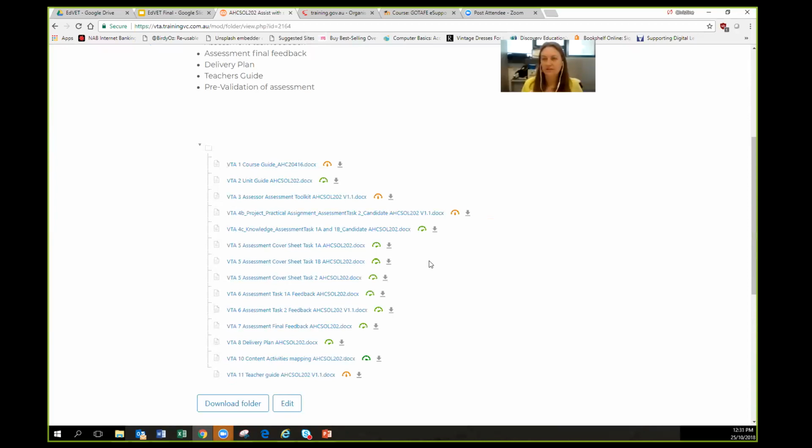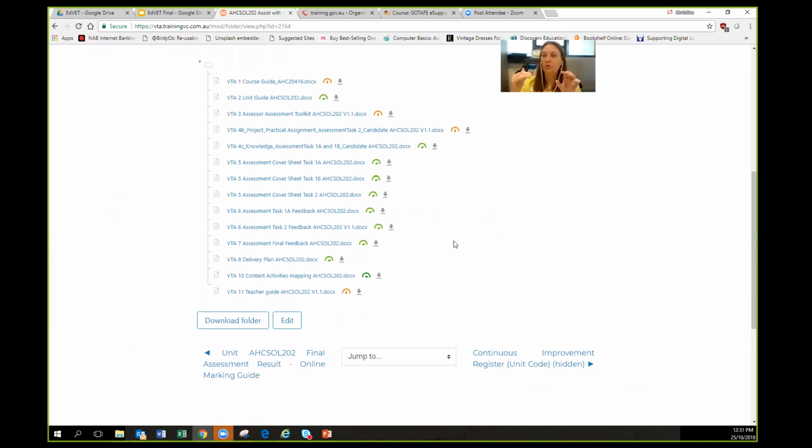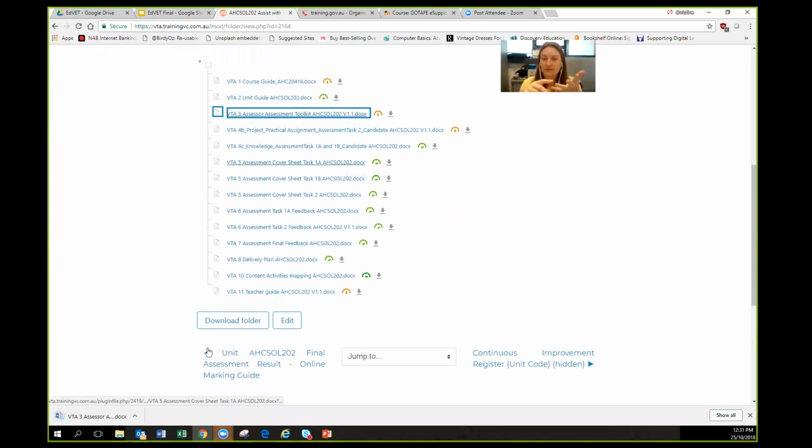So, Kathleen, sorry, Christine, if I may, we've got a preview area in Moodle. So they actually look at the Moodle shell, which is the content and the assessments, but we've also got all our documents, which Christine's showing up on the screen at the moment, in Moodle as well. So they can download all the hard copy or the Word documents for the unit that are needed, not only for assessment, but for delivery, content mapping, activities mapping, all those sorts of things as well.